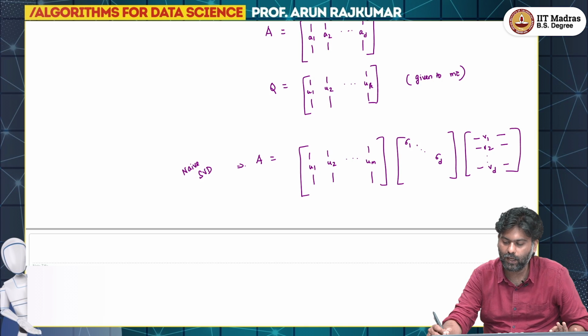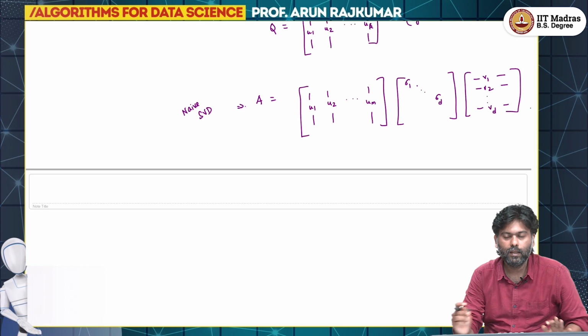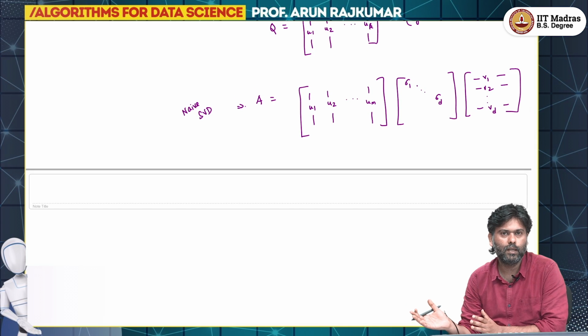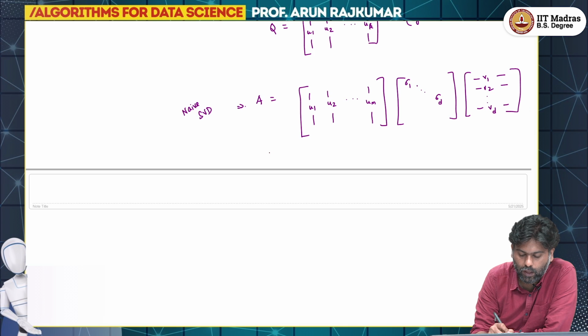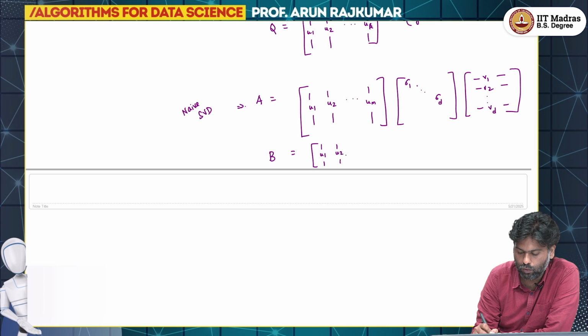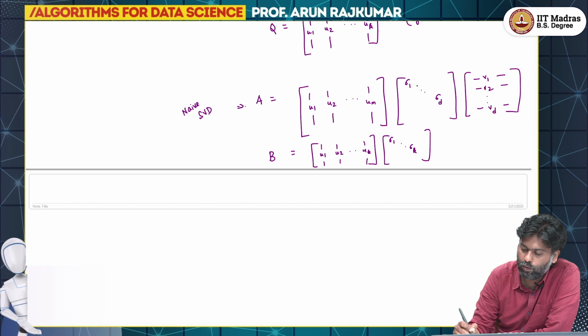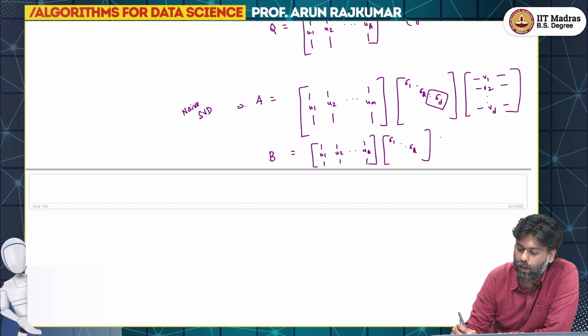Once I have this, my low rank approximation is easy. If I want to approximate using k, I will just take u1, u2 till uk, sigma 1 till sigma k, and v1 till vk. I don't care about the remaining values, they don't matter to me.